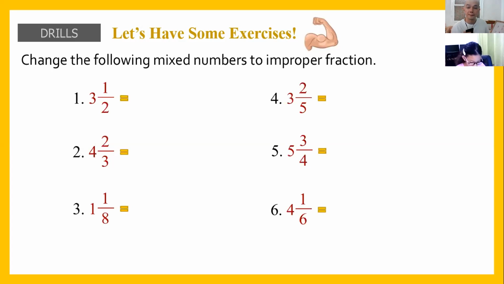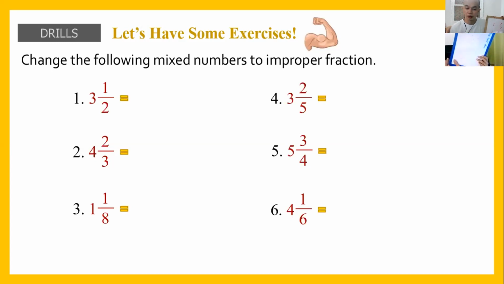Done? Done everything? What's your answer for number 1? 7 over 2, 14 over 3, number 3, 9 over 8, 17 over... What happened to number 4?